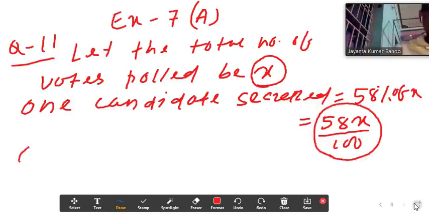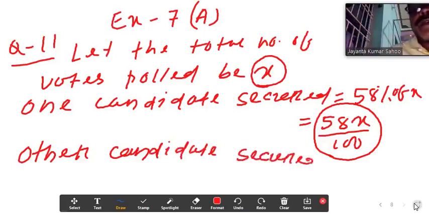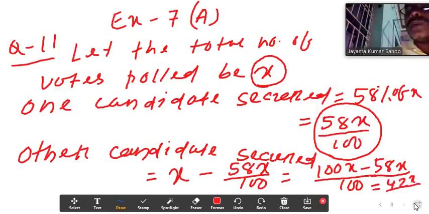So the other candidate secured, with the total number of votes polled equal to X, X minus 58x by 100. The LCM is 100, so this is 100x minus 58x, and we get 42x by 100.